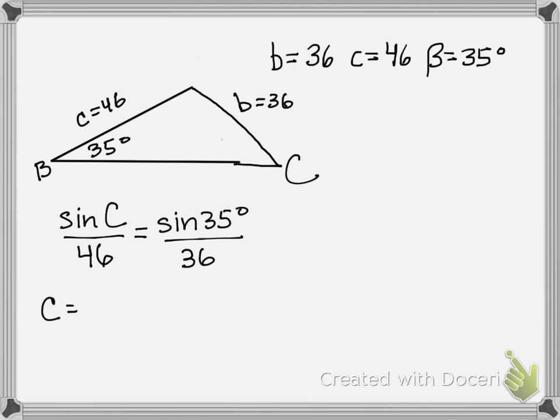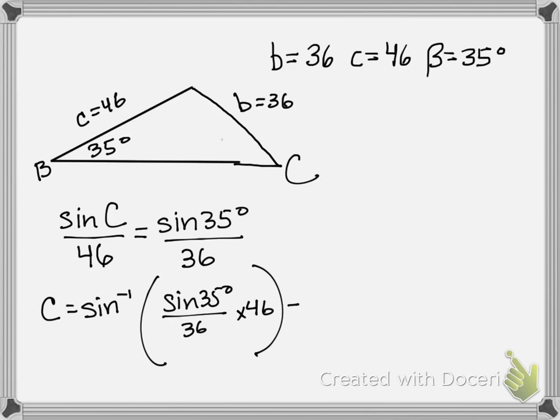So C is equal to the inverse sine of sine 35 degrees over 36 times 46. And let's see what that equals. And that's 47.1 degrees.